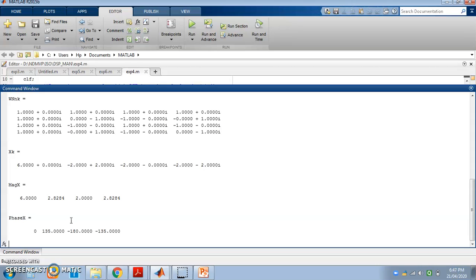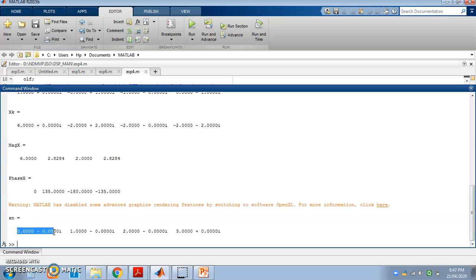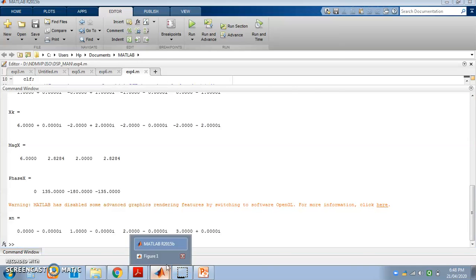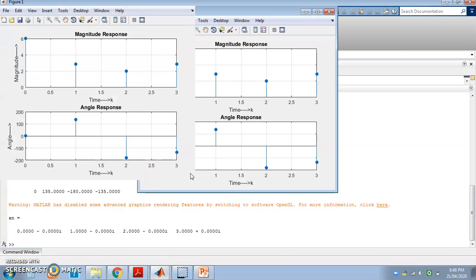These are the magnitude and phase values that we are getting, and here we are getting the original signal back again. The intermediate steps I have terminated so that the result does not appear here, because I am interested only in magnitude and phase.